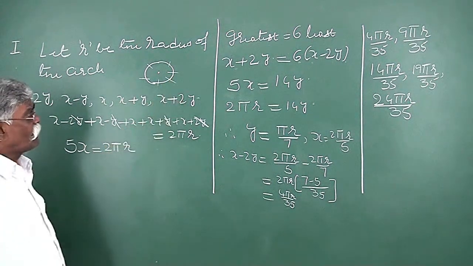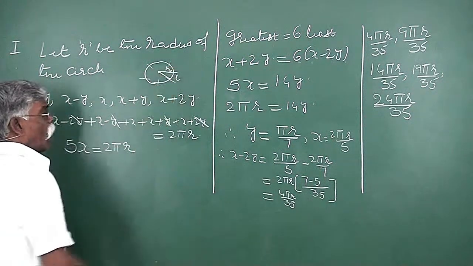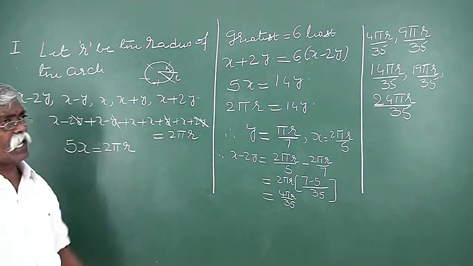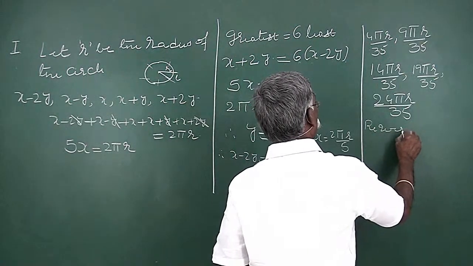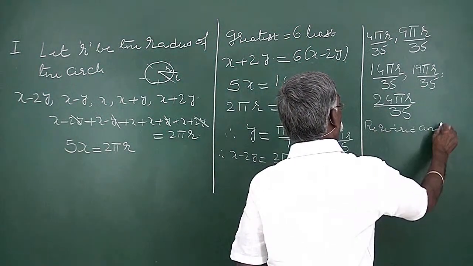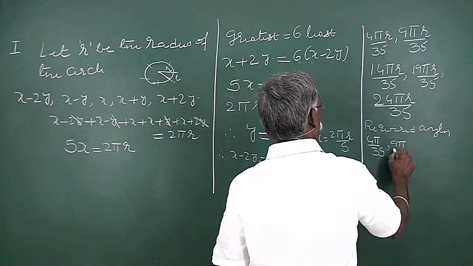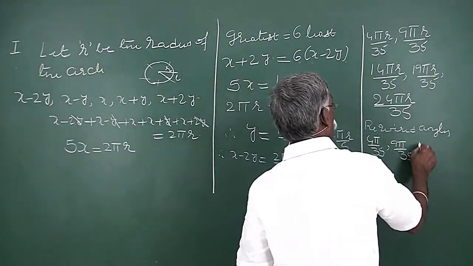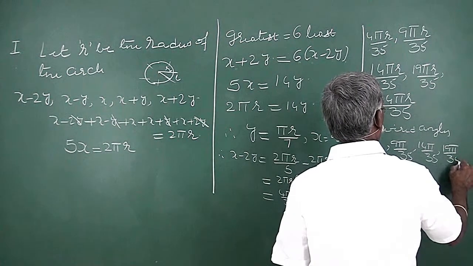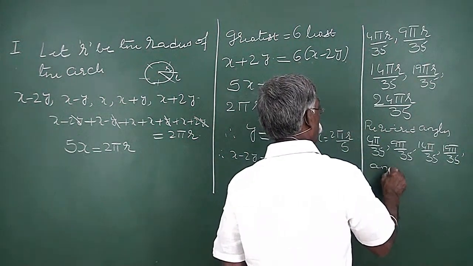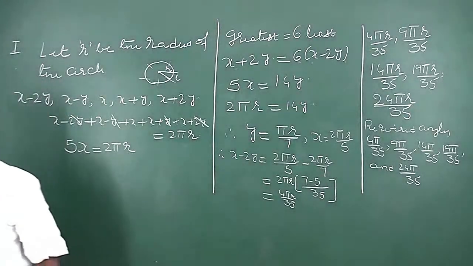So if the arc length is L, and this is R, the angle subtended by this arc is L by R. So therefore the required angles are 4 pi by 35, 9 pi by 35, 14 pi by 35, 19 pi by 35, and 24 pi by 35, which are the angles made by the 5 parts at the center.